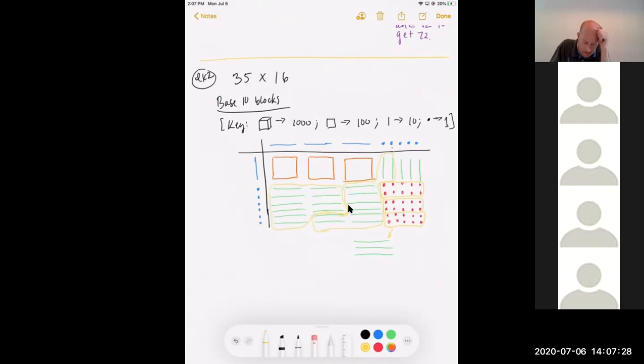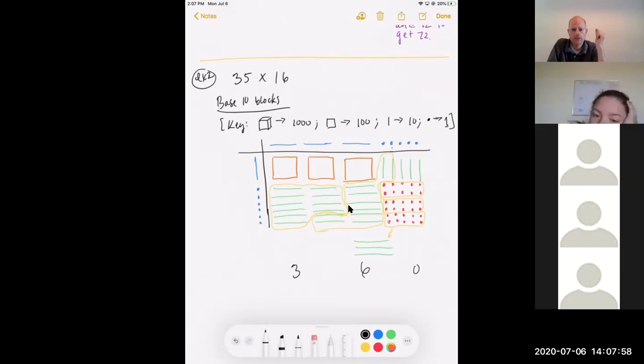Okay. Right. And I have 6 rods left over. Okay. And then my 3 flats, those are the 3 flats. So when all is said and done, we have 3 flats. Let's see. We have 3 flats, and we have 6 rods, and we have no leftovers.